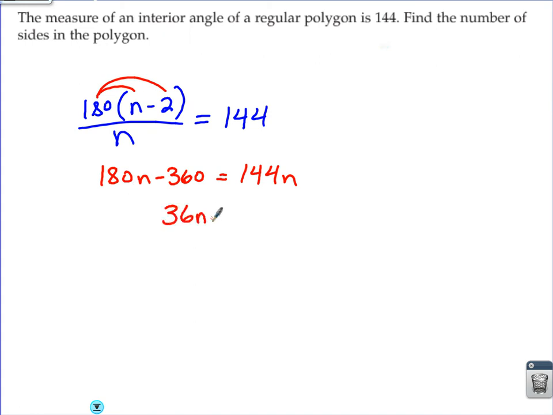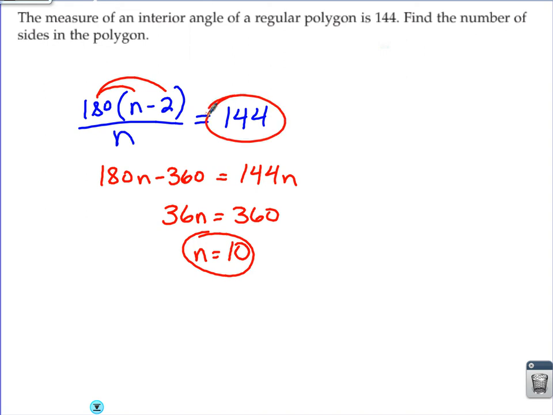So now 36n is equal to what, Carly? So n must be... 36 times what is 360? So n is 10, because it rhymes. n is 10. Now how could I check that? 10 minus 2, multiply by 180, divide by 10, and you should get 144.